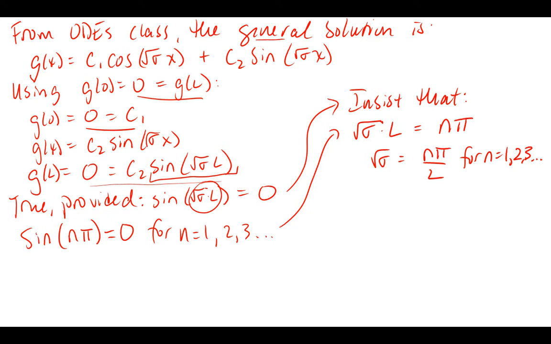So what did I actually just come up with here? The g of x that's going to work is this one, but there's a whole bunch of these that work. Anytime sigma is any one of these, you'll get a solution. All right, so my conclusion, I'll write this on the next slide too. g of x is equal to some constant times sine of, and now instead of square root of sigma, I'm going to fill in our discovery, which is really important.